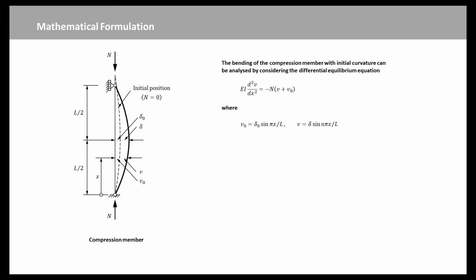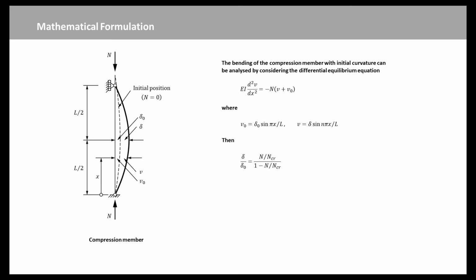If the initial curvature of the member is such that V0 equals this equation, then the solution of the new differential equilibrium equation, which satisfies the boundary conditions, is the deflected shape V equation, where delta over delta 0 equals this equation.